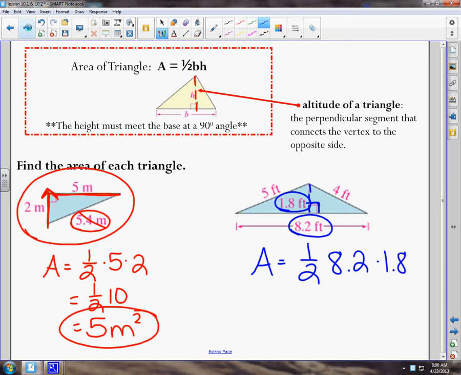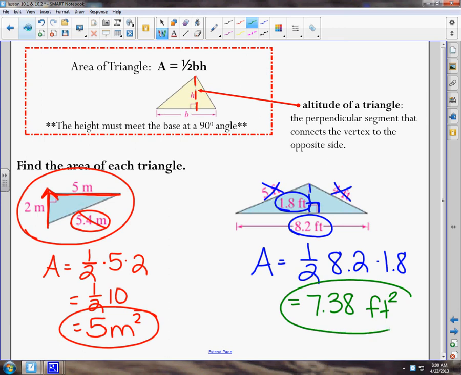I don't worry about these other 2. They don't really mean anything for area. You would use those for perimeter. So then I do 1/2 times 8.2 times 1.8, and I get 7.38 feet squared, or 7.4. You can always round that too.